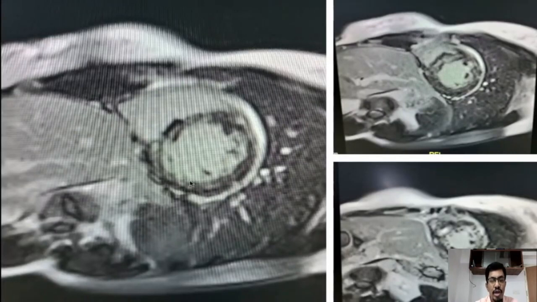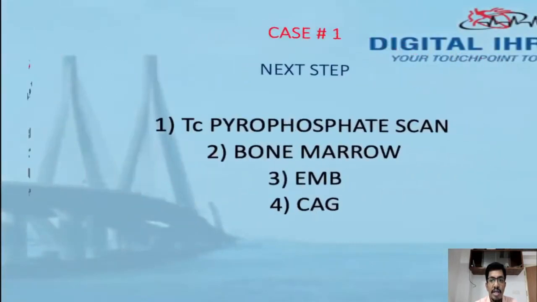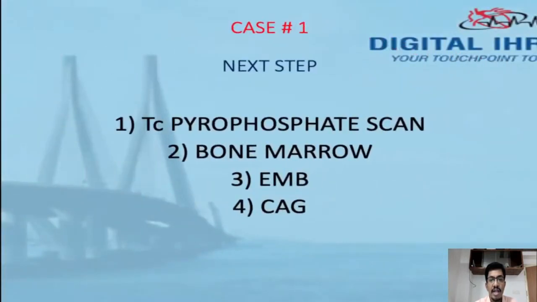And if you look closely at the short axis, the delayed enhancement is global, surrounding the ventricle. It can be seen here also very well. It is a little less prominent in the inferior and lateral walls, but very prominent in the septum. We also had the same confusion, and this is what we did next.